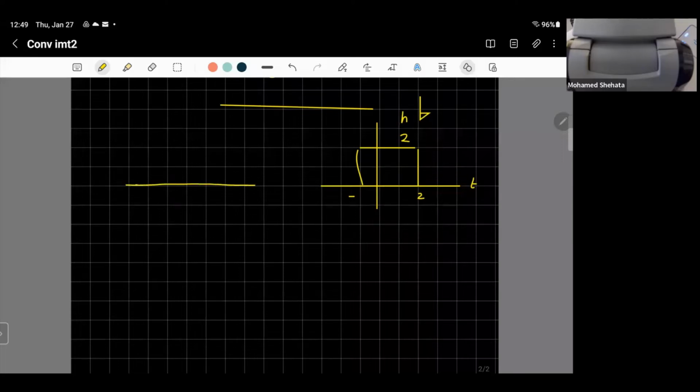The input signal starts from -2 up to 3, and the value is equal to 1.5. And that's x of t.